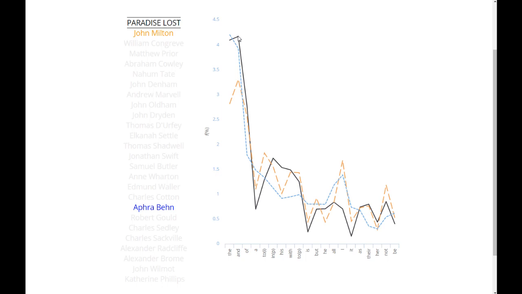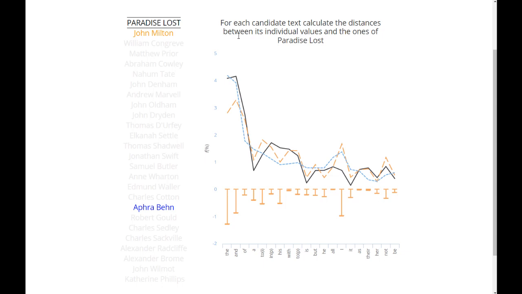What Burrows suggests is a very intuitive method to compare these two sets. For each candidate text, we calculate the distances, the difference between its individual values and the ones found in Paradise Lost. So this shows the distance of Milton to Paradise Lost.